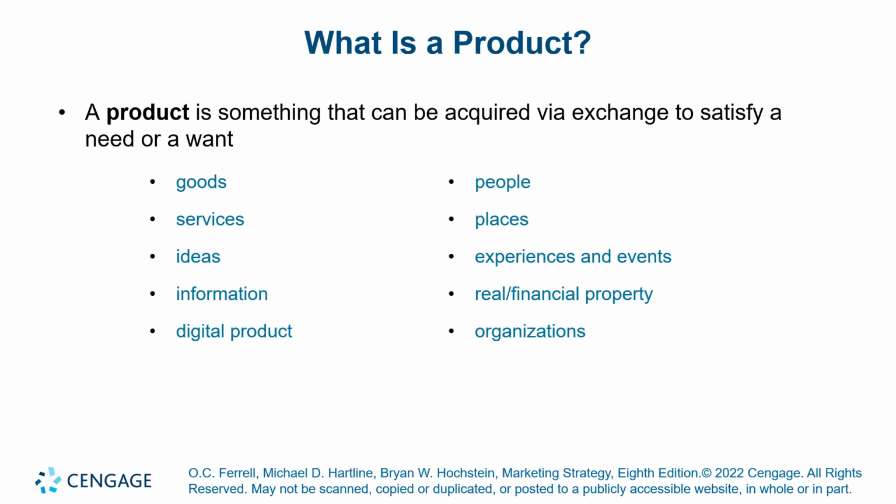I'll give an example. In advertising, there's a type of advertising agency called a creative boutique. You know what they do? They just sell their ideas. They sell their creative ideas in designing an advertisement to large ad agencies.